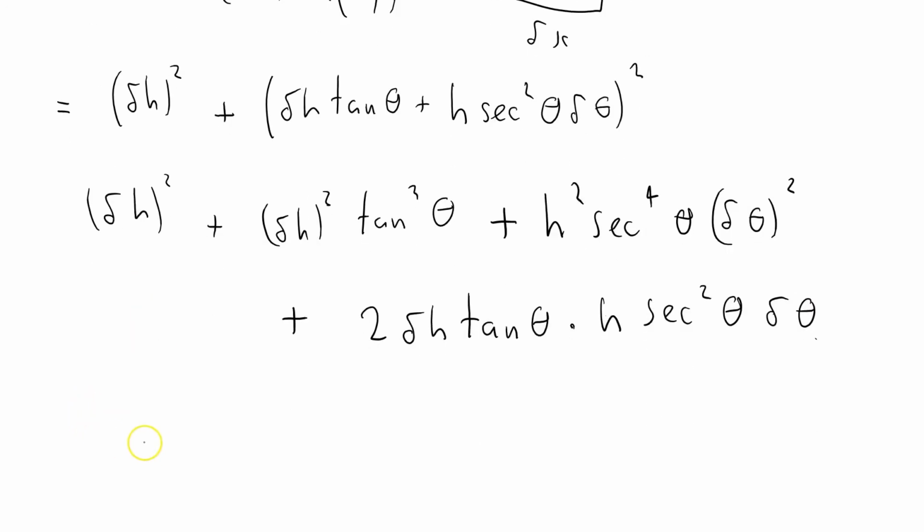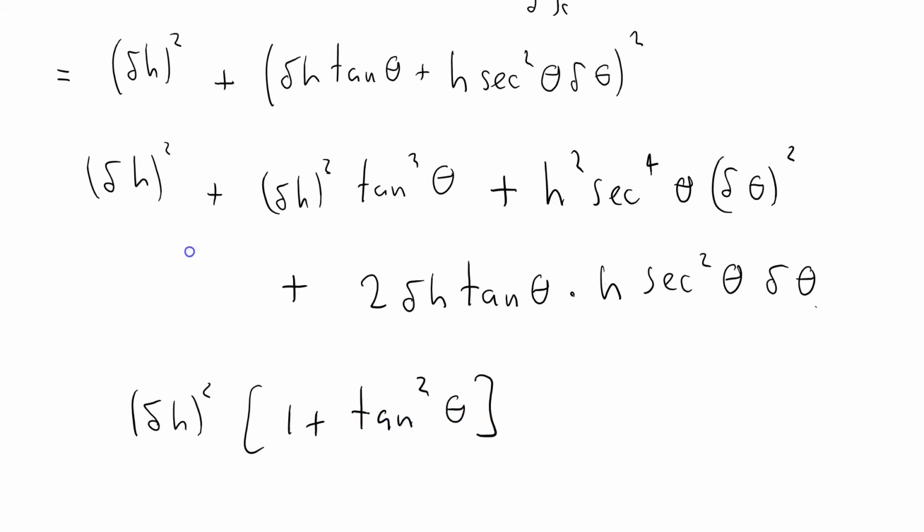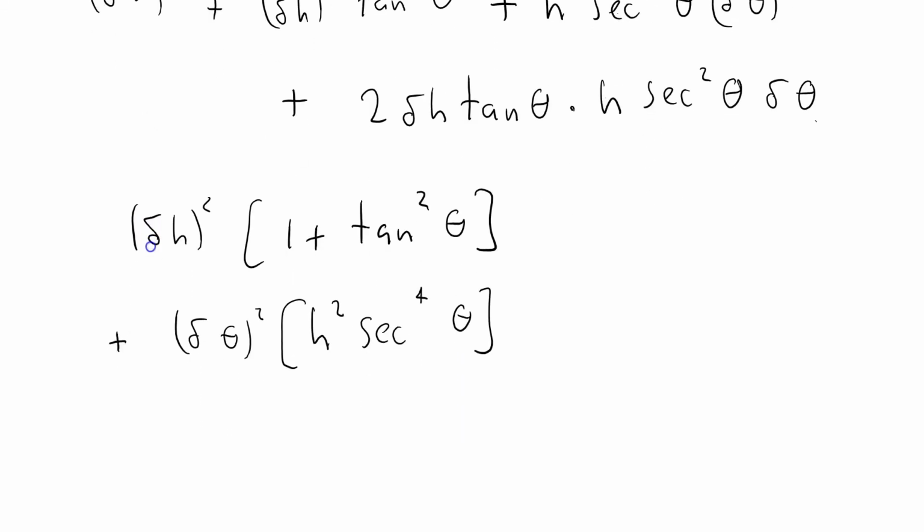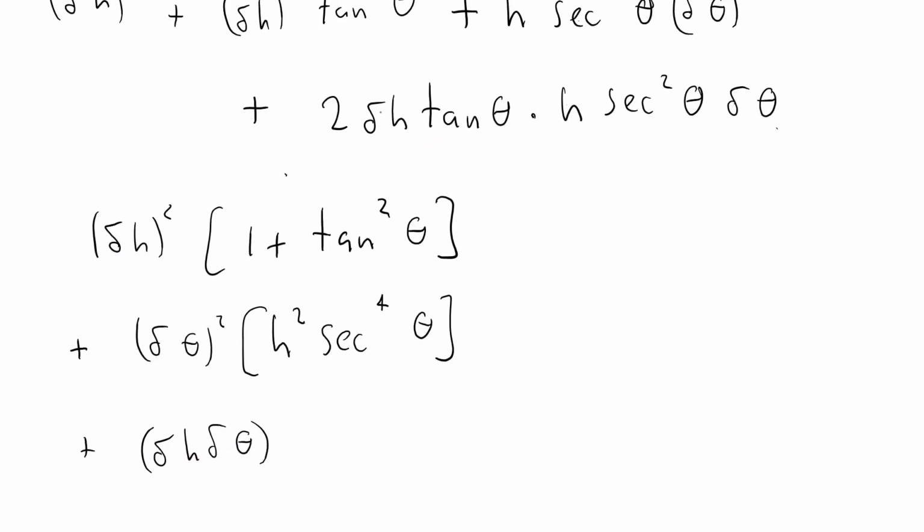Let me just coalesce my terms here. We've got delta h squared times 1 plus tan squared of theta plus delta theta squared times this thing here, h squared sec to the 4 theta, plus the cross term delta h delta theta, which is this term here, that one and that one, times 2, what have I got?